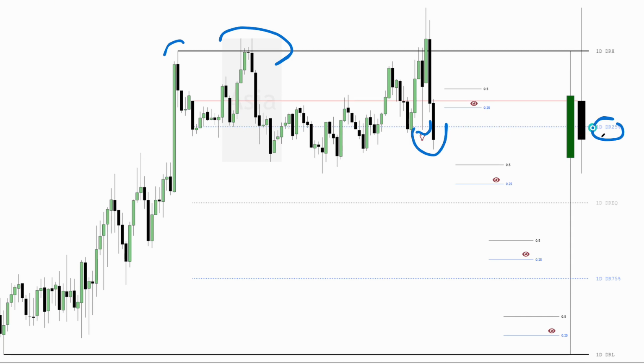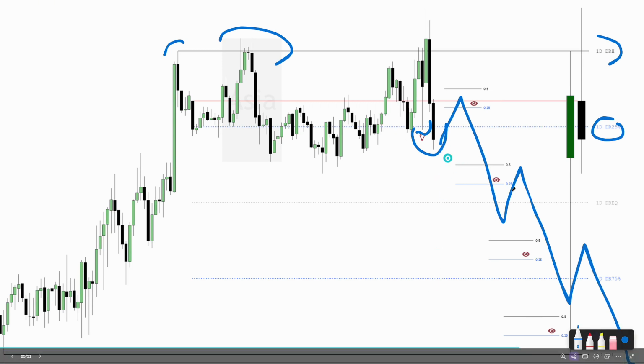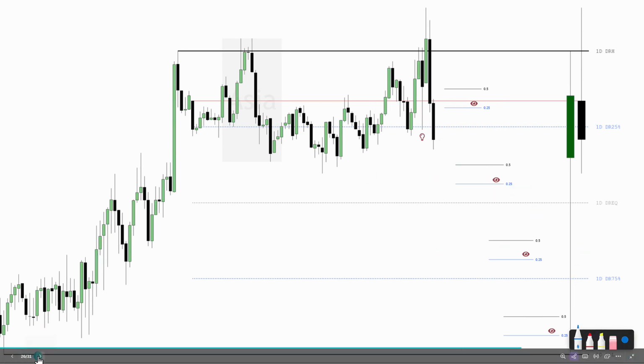Okay, but you have the framework or dealing range to confirm this change in direction. So when you have this confirmation, the midpoint between 25 and dealing range high is your level for redistributions. Price closes below equilibrium, levels for redistributions. Price closes below 75, levels for redistributions. Okay, all this is your levels for the next price moves.